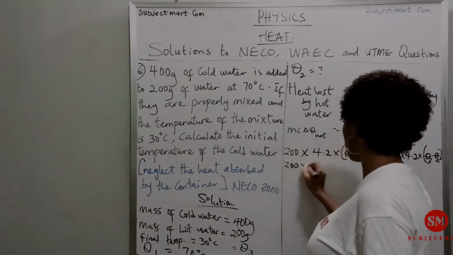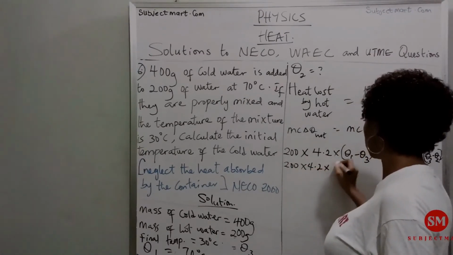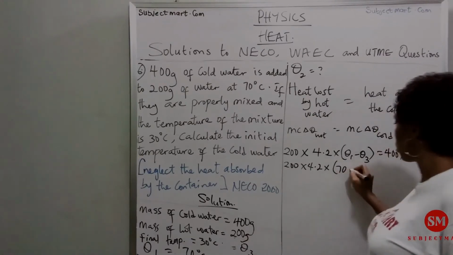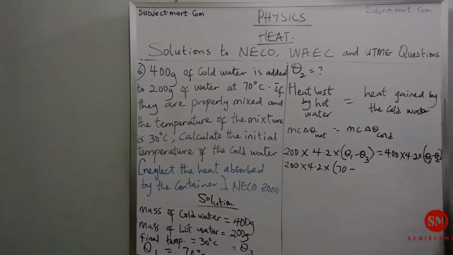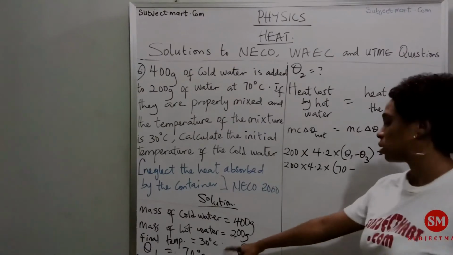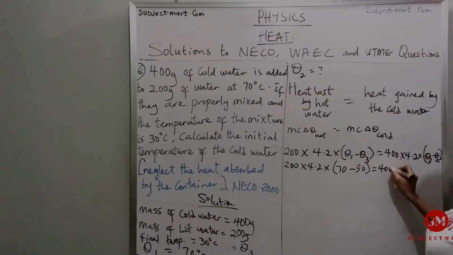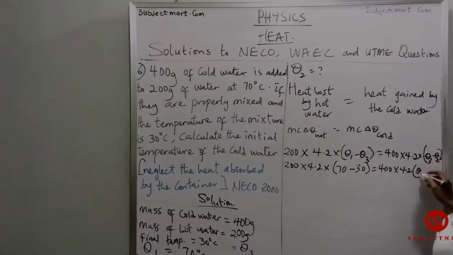So 200 times 4.2 times theta 1 minus theta 3. Our theta 1 is 70 minus the final temperature, which is 30, is equal to 400 times 4.2, then theta 3, which is 30 minus theta 2. Theta 2 is what we are calculating.